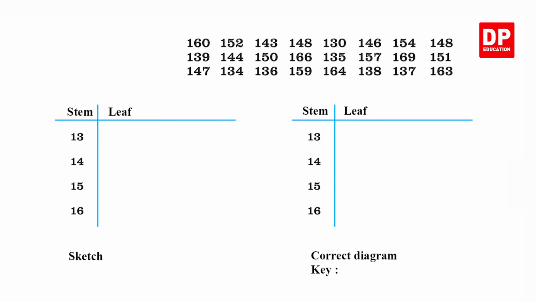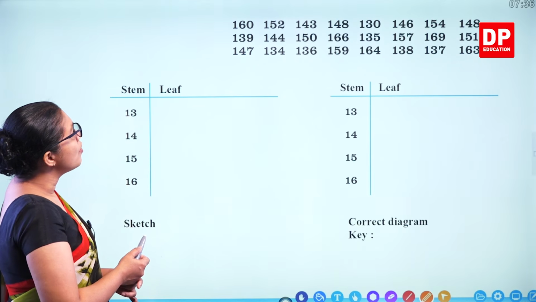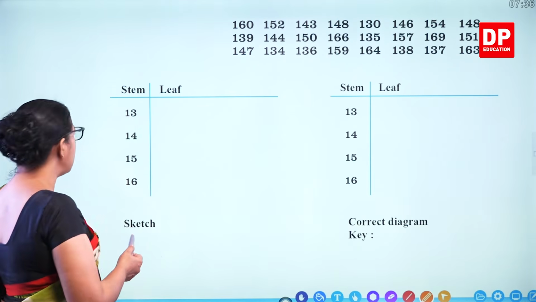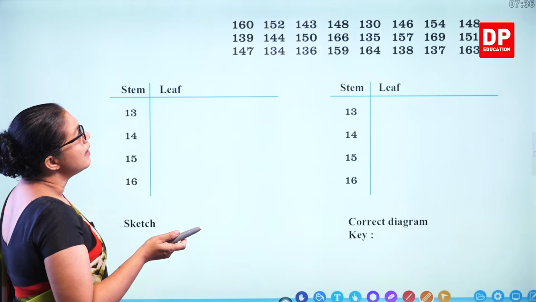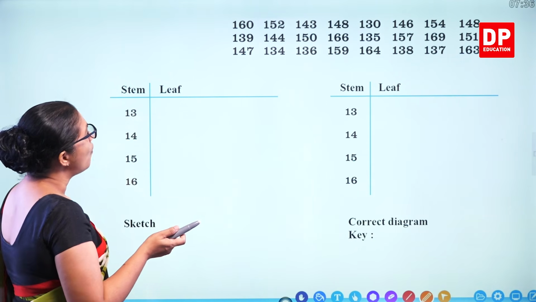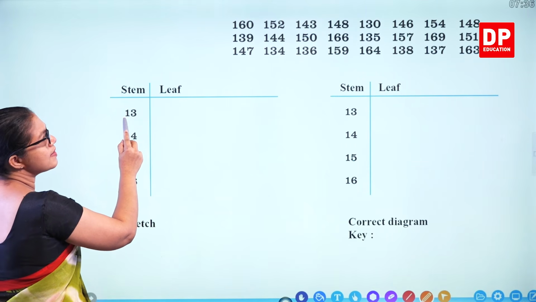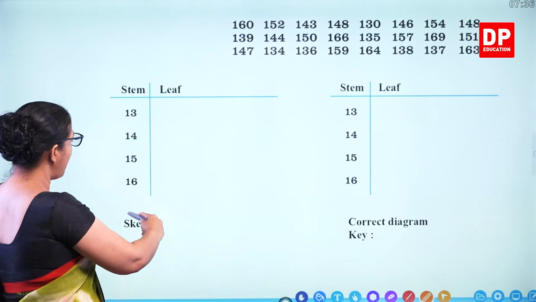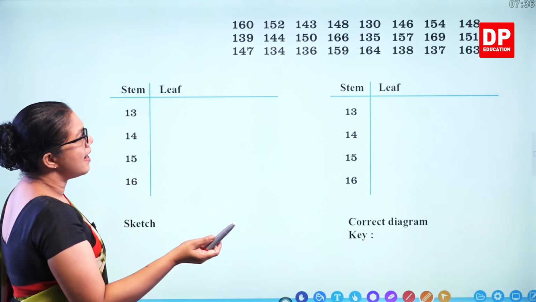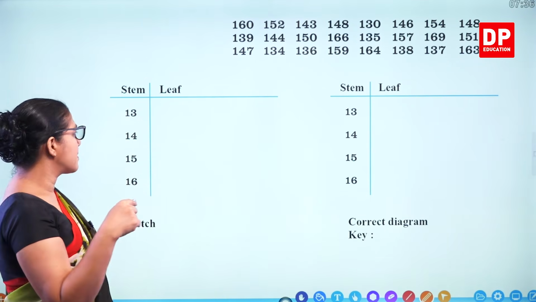Now we'll draw the stem and leaf diagram. What's the first step? 134 is the lowest. So 13 is the stem, the lowest stem. And 169 is the highest. 16 is the highest stem.